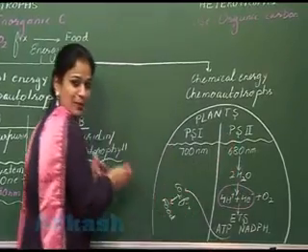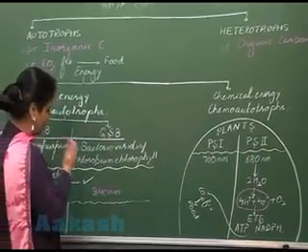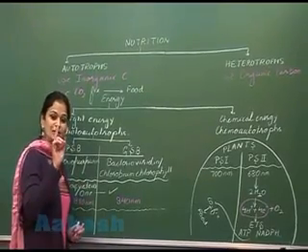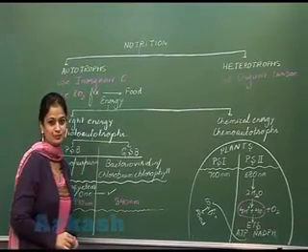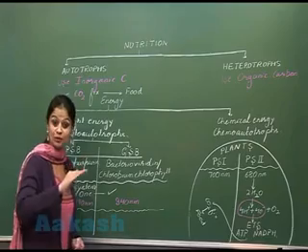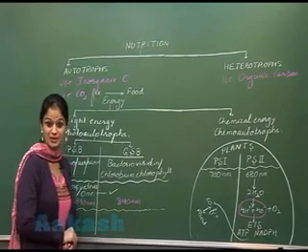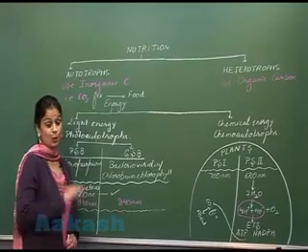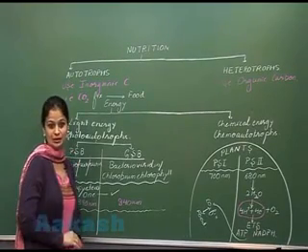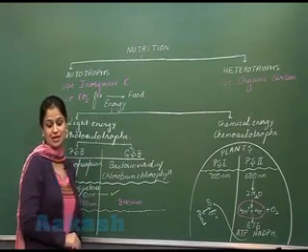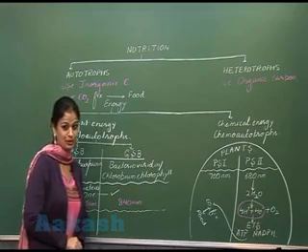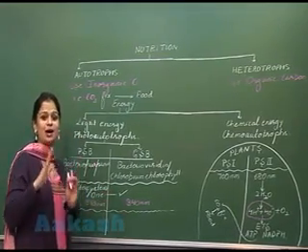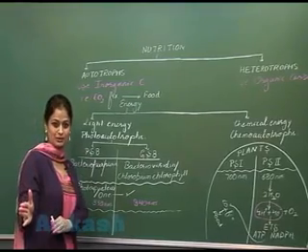If we look into the metabolism of bacteria, in the bacteria there is only presence of one photosystem. The splitting of water in the bacteria is absent. If the splitting of water is absent, it means water will not be used as electron and hydrogen donor. Here the electron and hydrogen donors are compounds other than water.